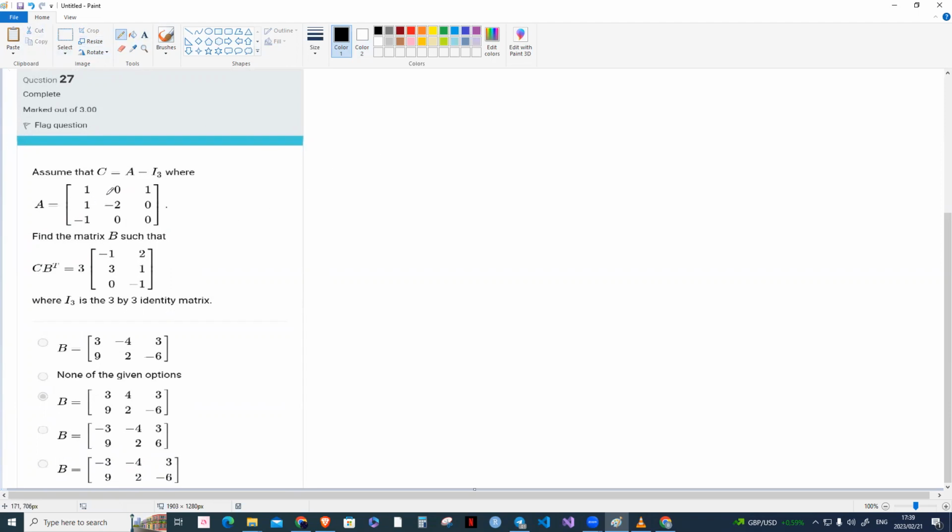They've given us this, and then we need to find B, right? So we have C, B, T is equal to, I'm just gonna multiply by the 3 here. 6, 9, 3, 0, minus 3, right? And to solve for B, we need to remove C by multiplying by the inverse of C, which will give us 1.